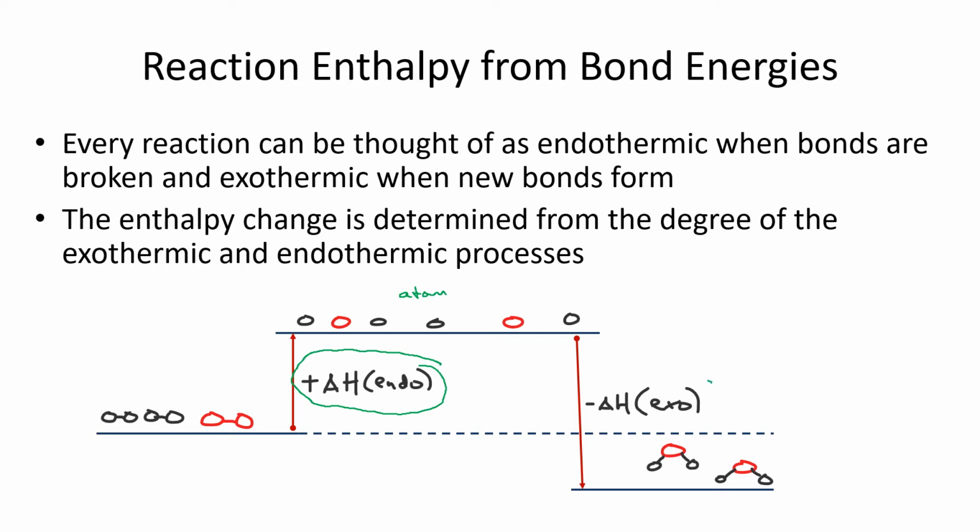And then the second part is when bonds are formed, which is an exothermic process. And so energy is going to be released when that happens. And then the difference would be the difference between the amount absorbed and released. And so the delta H for this reaction would be negative overall here, because from where you start to where you finish, it's going to be negative.